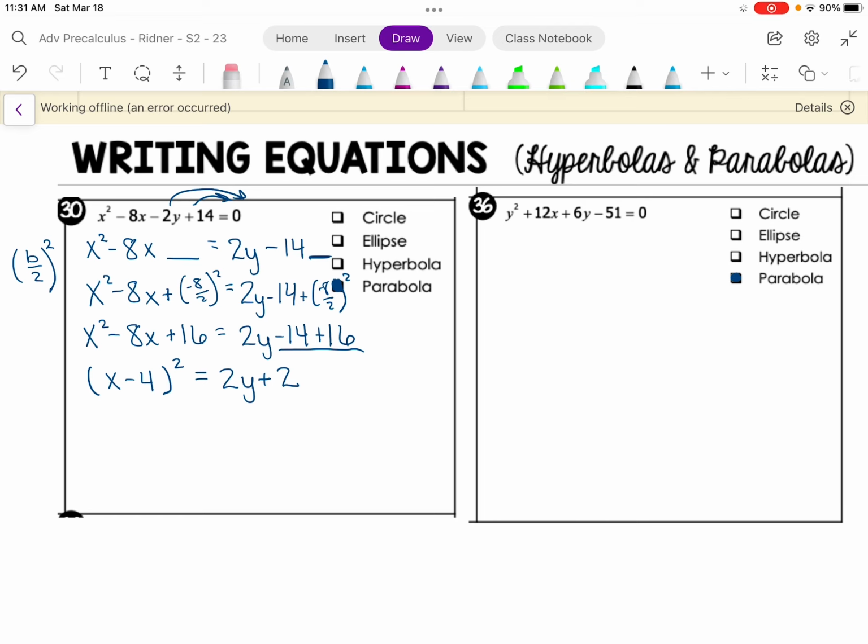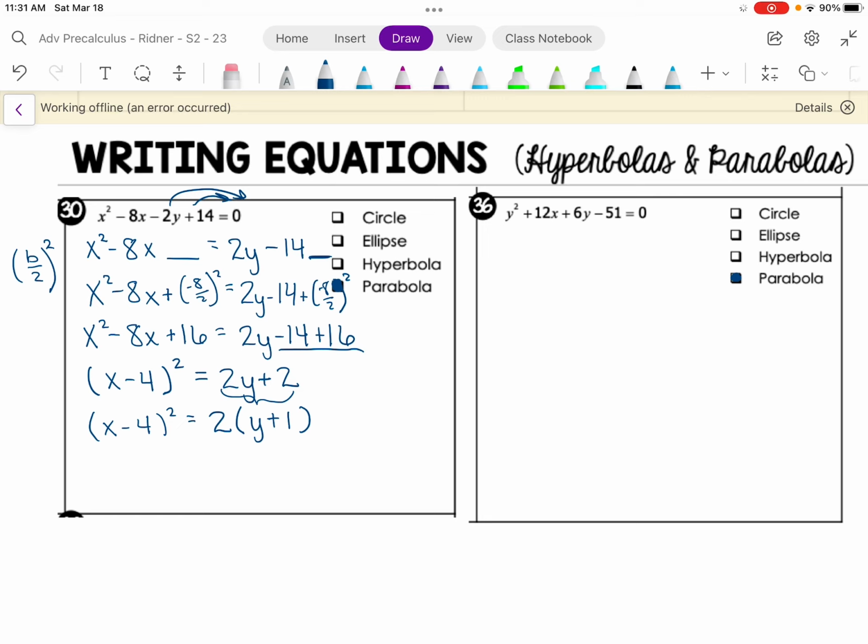And then I look, what do they have in common that I can factor out, or Miss Reidner's favorite made-up word, undistribute? That would be 2, and I would be left with y plus 1. And there's my parabola.